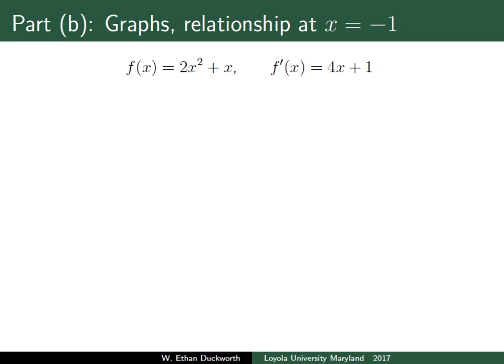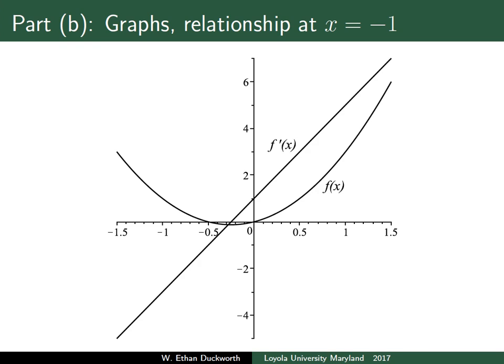In any case, here's the picture. So we have f prime is the straight line, and the parabola is f. And we want to look at one pair of points on these graphs, the points where x equals -1. So I'll mark them. The red point is on the parabola, and the blue point is on the straight line.